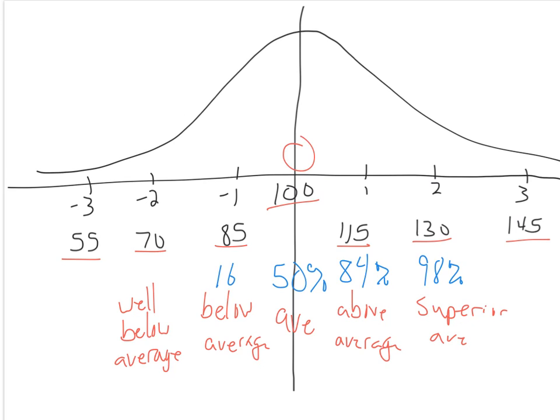Moving down, 16th percentile, and then down here, the 2nd percentile. So we have here right in the middle, 50, and then moving up, 84th percentile, 98th, 16th, and 2nd.